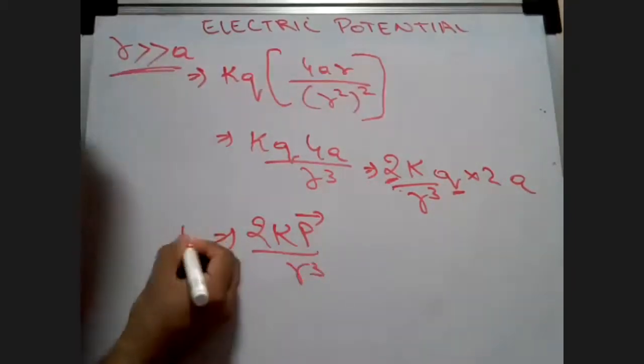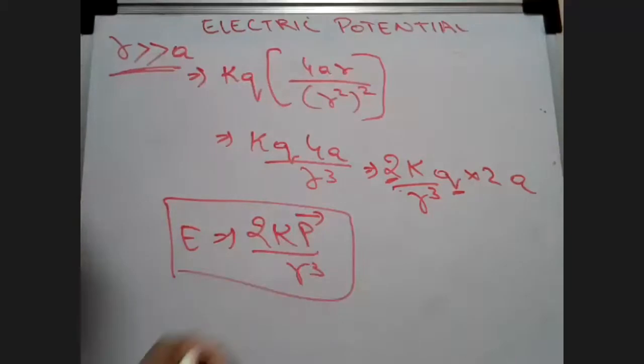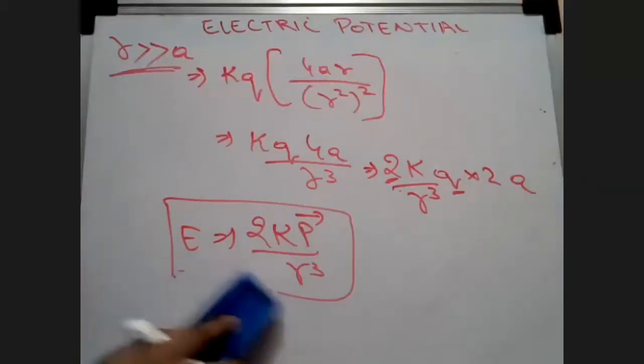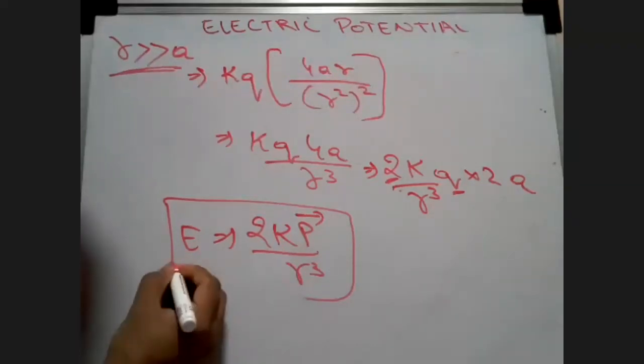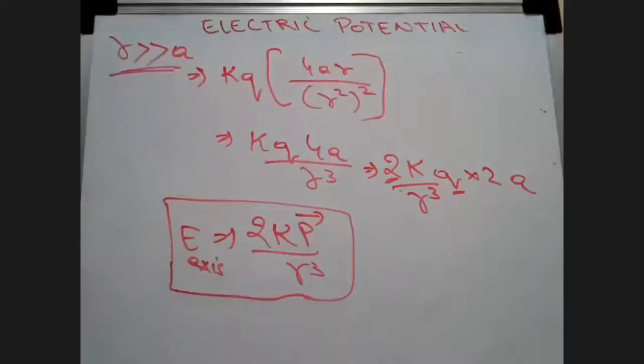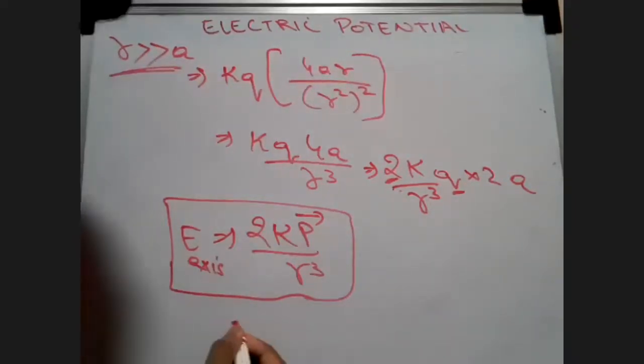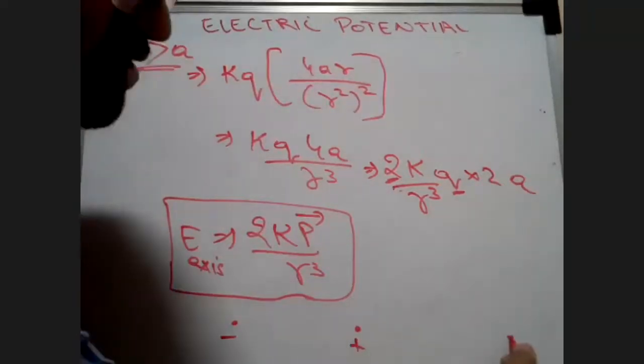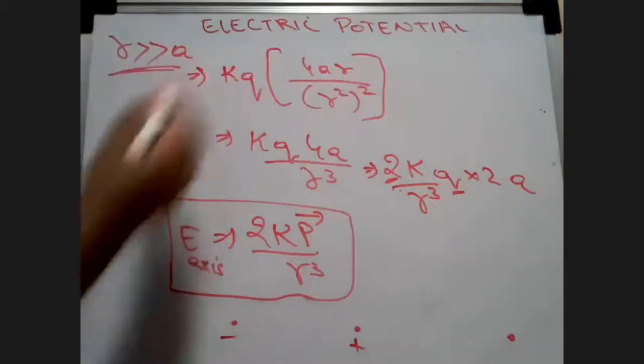This is the electric field intensity at a point on the axis, and this should be very much in your knowledge. This is the electric field intensity due to a dipole moment of negative and positive charge at a distance of r, where r is greater than a.